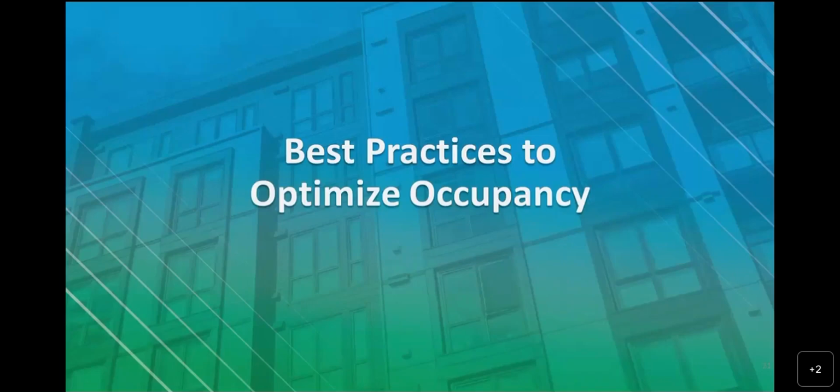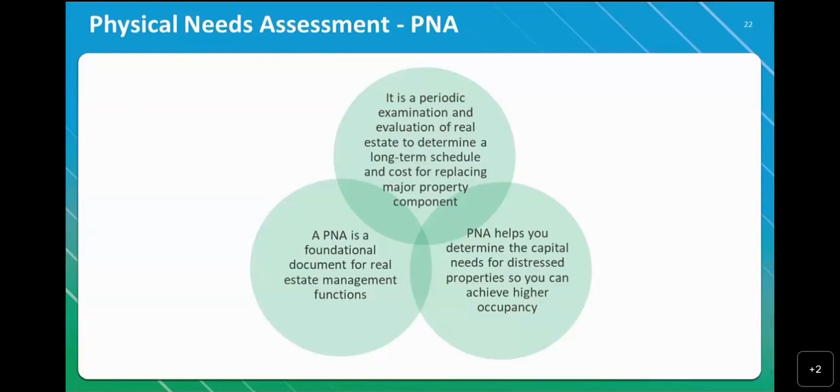Next slide, please. All right, we have best practices, how to optimize occupancy for you. Next slide. All right, so the best thing you can do, what we believe is, of course, understanding your inventory.